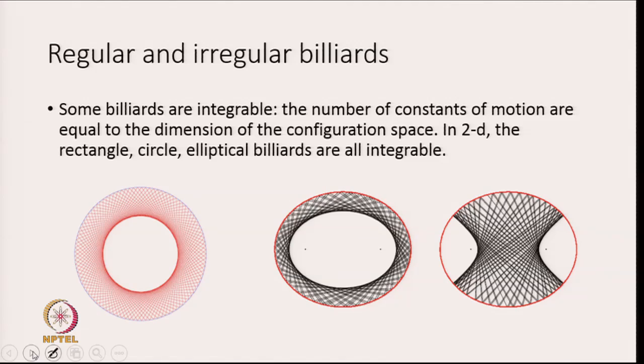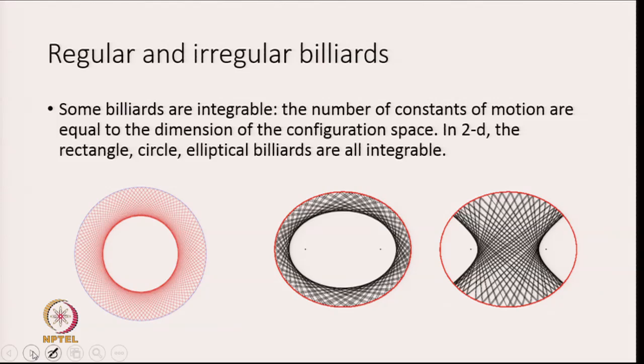Now, billiards can be regular or irregular. In particular, some billiards are integrable, and the number of constants of motion is equal to the dimension of the configuration space. In 2 dimensions, some familiar billiards are the rectangle billiard, which also is a real physical billiard when you play the game, the circle billiard, and the elliptic billiard.